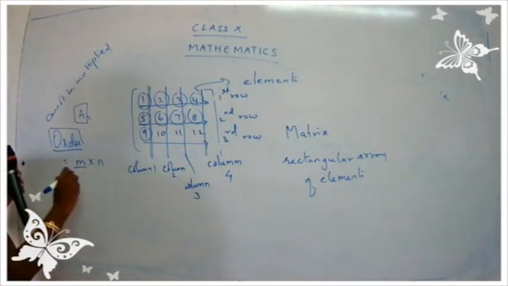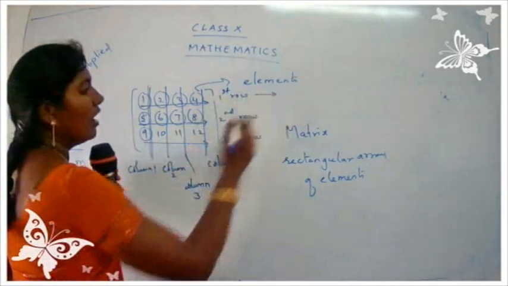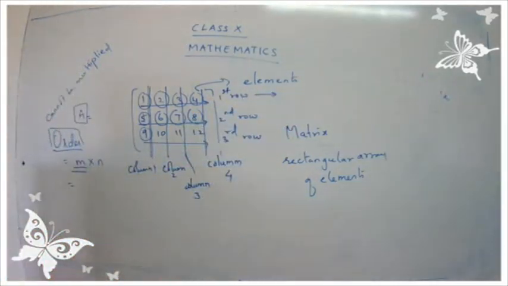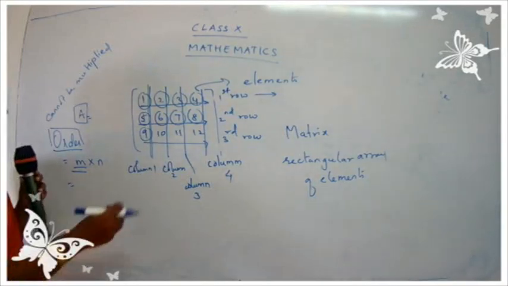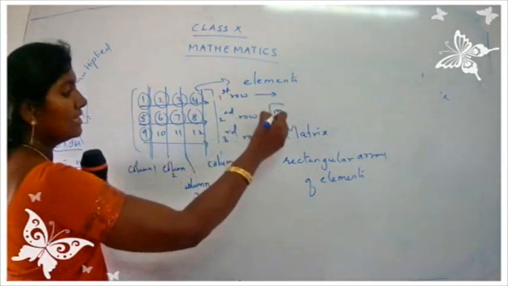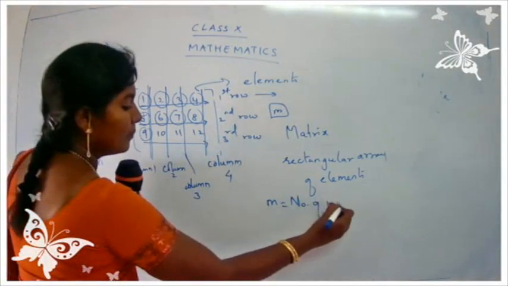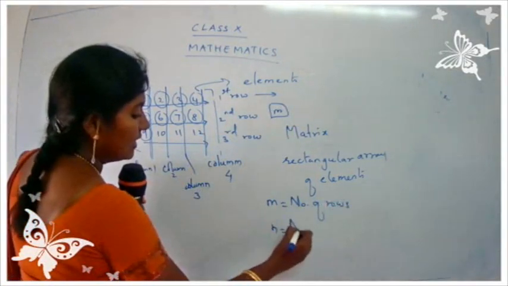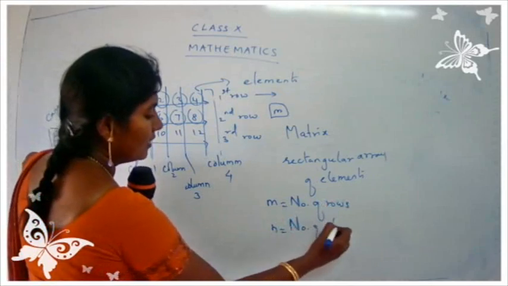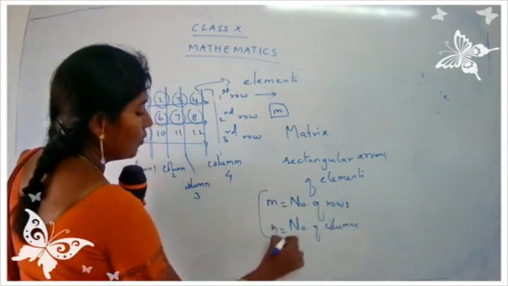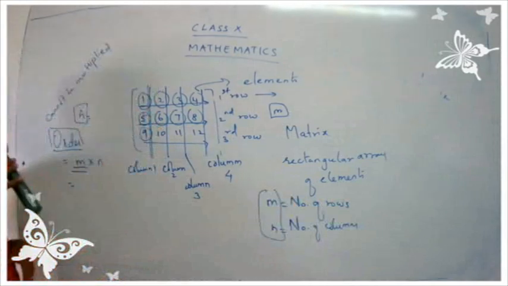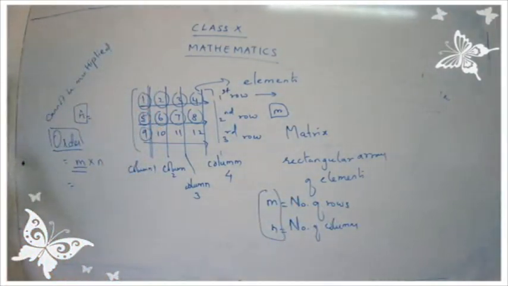Now m is the row. How are we denoting rows symbolically? We are denoting rows symbolically as m. So m is the number of rows. What is n? It is the number of columns. Be careful. M is the number of rows and n is the number of columns.